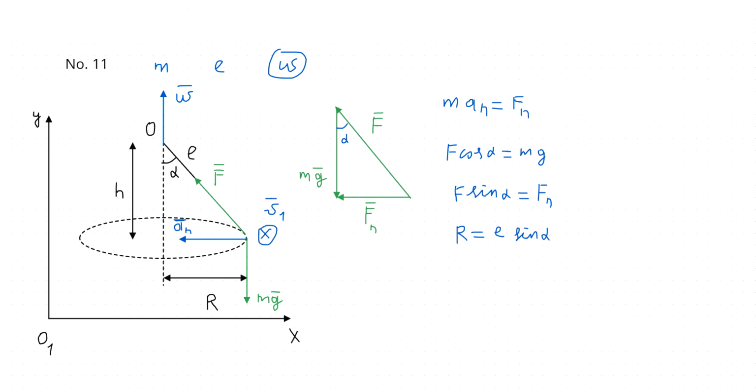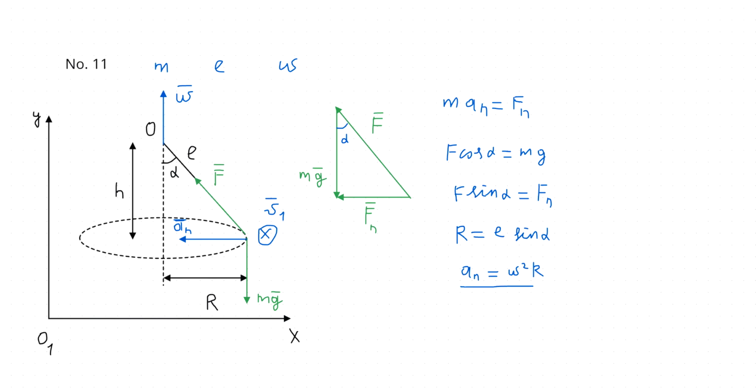It will be a n is equal to omega to the power of 2 multiplied by r. Do you remember this?